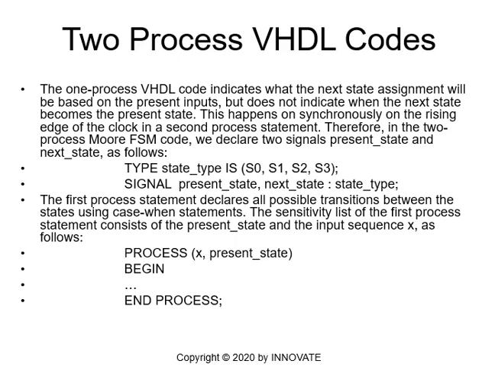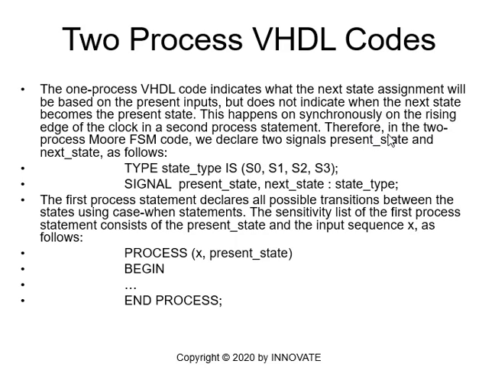Now the two-process VHDL code, on the other hand, has advantages over the one-process code as follows. The one-process VHDL code indicates that the next state assignment will be based on the present input, but does not indicate when the next state becomes the present state. This happens synchronously on the rising edge of the clock in a second process statement.